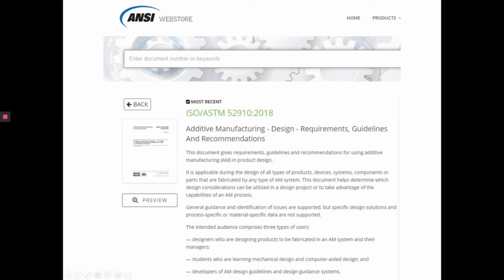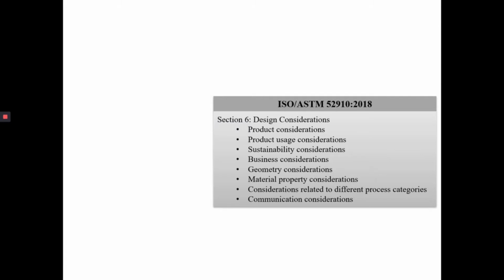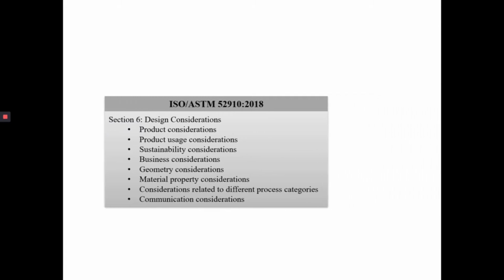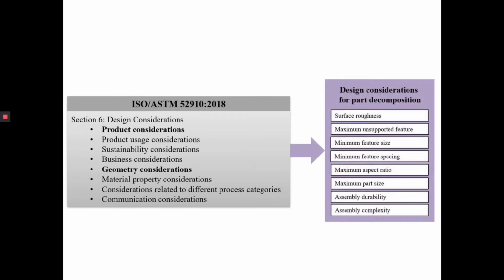To provide a more general perspective, we refer to a design standard document for AM. The standard document includes 8 categories for design considerations. In this document, we selected 8 design considerations associated with part decomposition from the product and geometry categories.